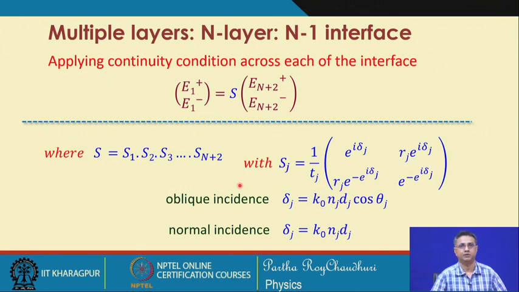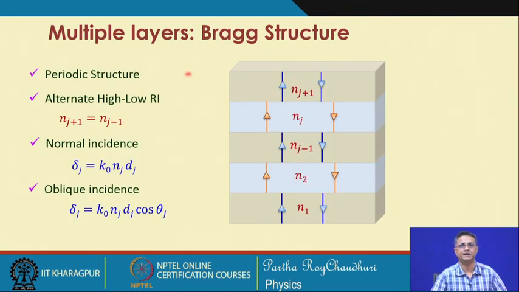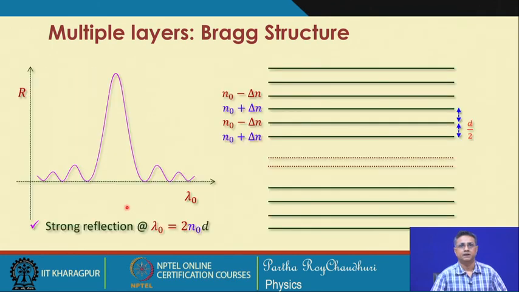Now, we consider the Bragg structure, where we have a periodic structure of alternate high and low refractive indices, and the refractive indices of alternate layers are connected like this. For normal incidence, we can write this, and for oblique incidence we can write it in this way.